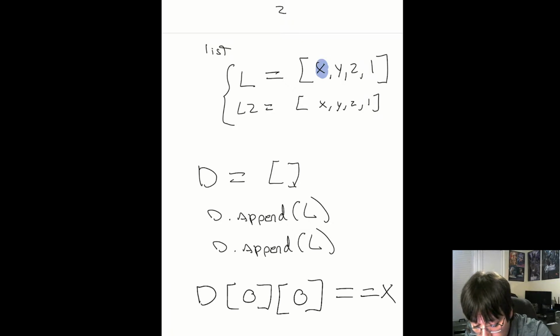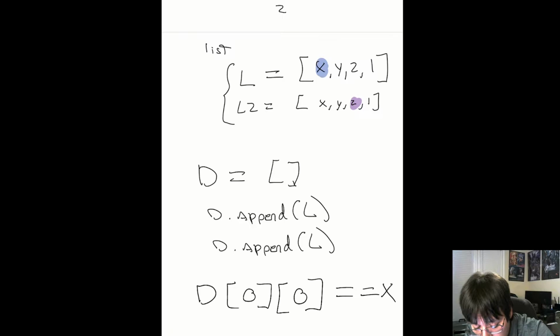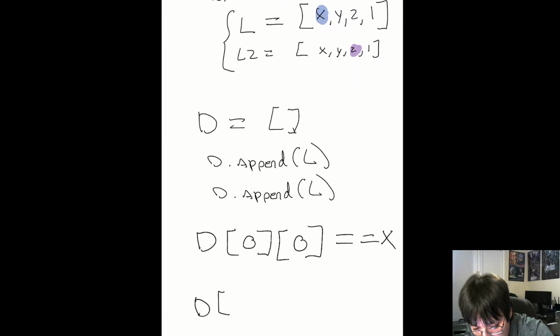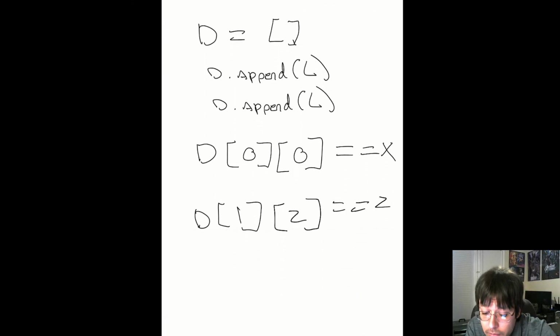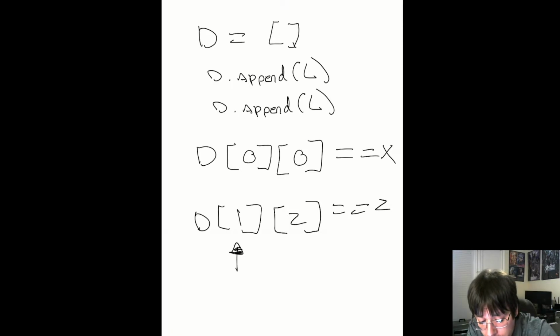If I wanted to access this z, for example, then that would be D index 1, and then of this would be 0, 1, 2, so index 2 here. And that would be the equivalent of the z, right? And so on. So you have to keep track of these values as they represent a list of them.